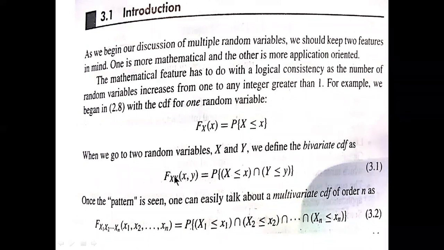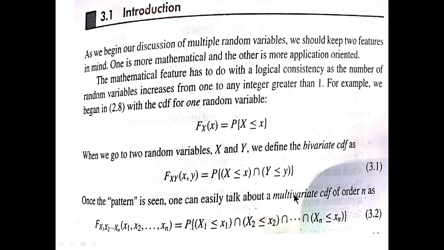That will be the probability of X less than or equal to x intersection Y less than or equal to y. This is more important: both conditions should hold, so the intersection of the two should be considered.